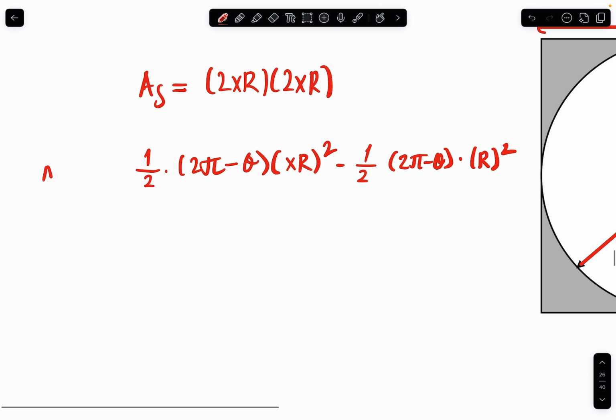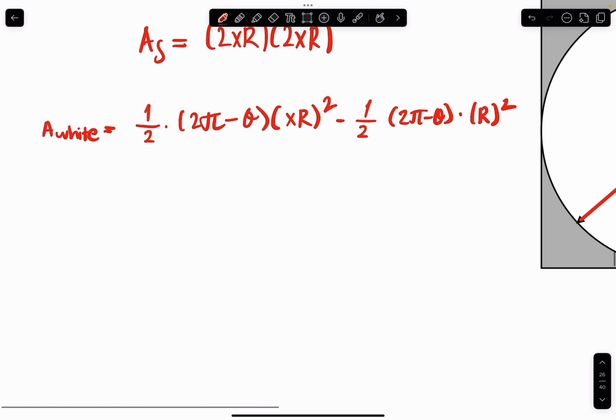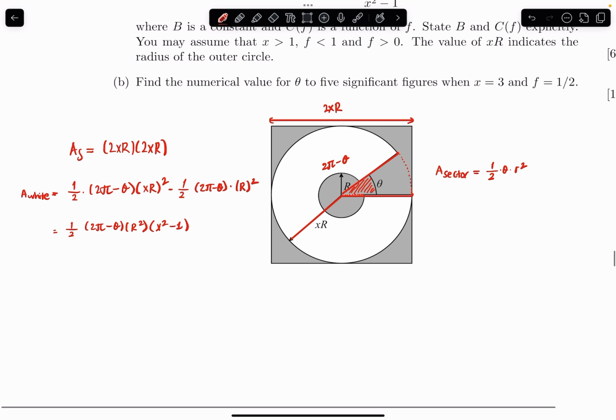So this is the area of the white area that we have here. And then this can be revised to look like this. This is the area of the white piece.